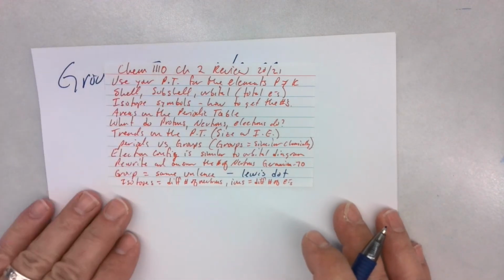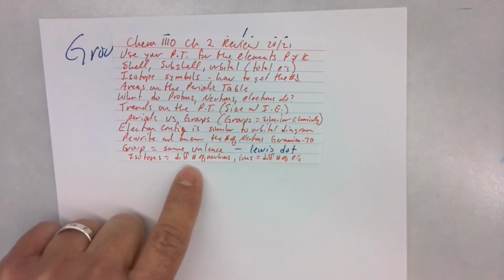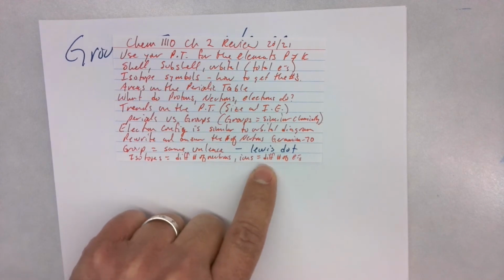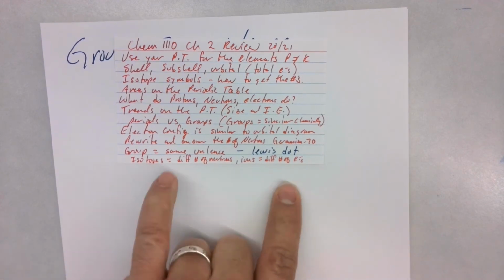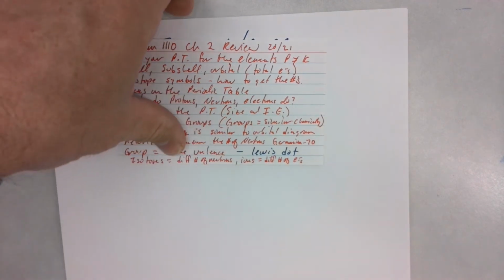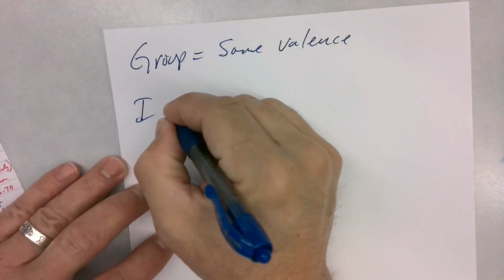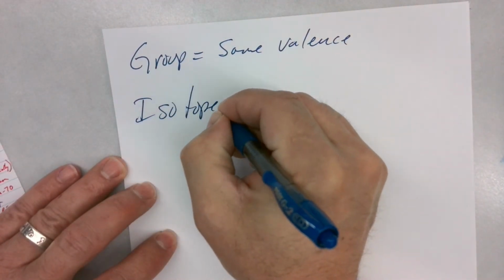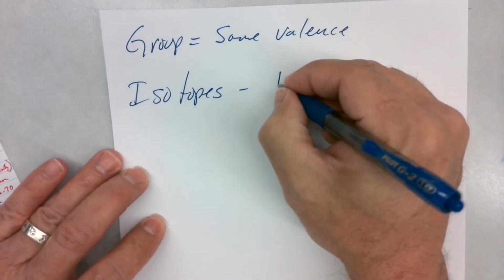Didn't we do my last line already? Isotopes equals different number of neutrons. Ions equal different number of electrons. Did we cover that yet? No? Okay, so isotopes. Yeah, we did, when we did protons, neutrons, and electrons, didn't we?